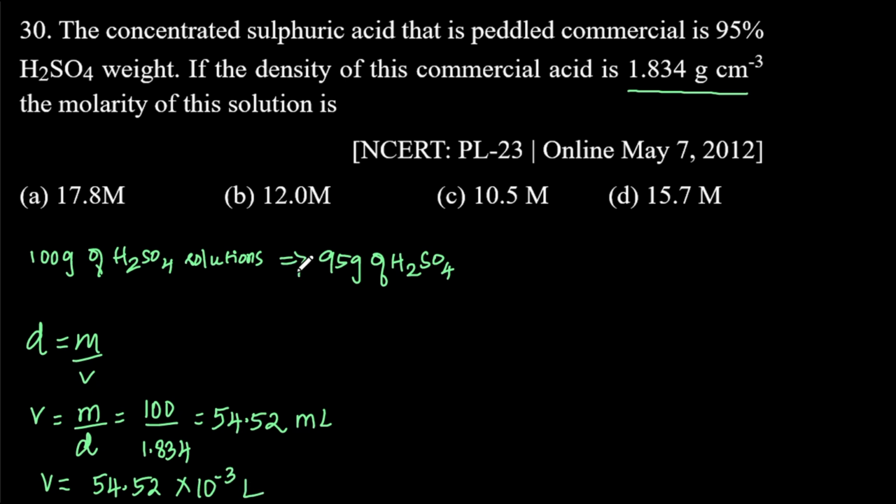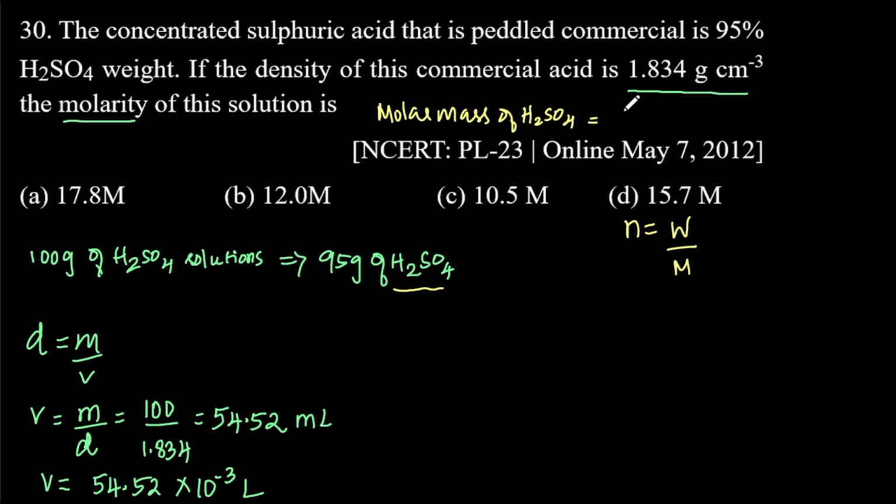In this question, they are asking us to find the molarity. For finding the molarity, we have to find the number of moles of the solute. The solute in this question is H2SO4. Number of moles is equal to the amount of H2SO4 present divided by the molar mass of H2SO4. So you have to find the molar mass of H2SO4.